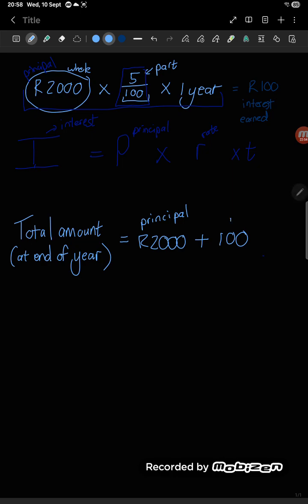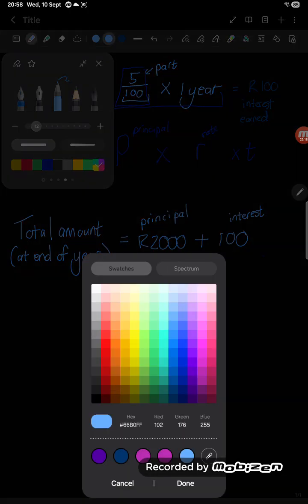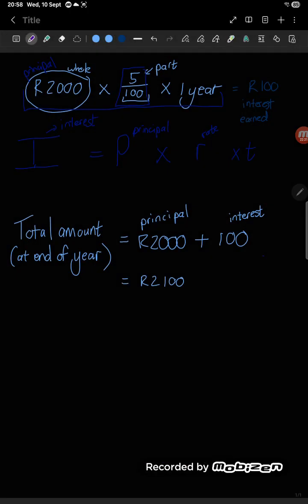The principal plus the interest earned is the total, which is going to be 2,100. But how do we turn that into a formula, so that we can use it forever?